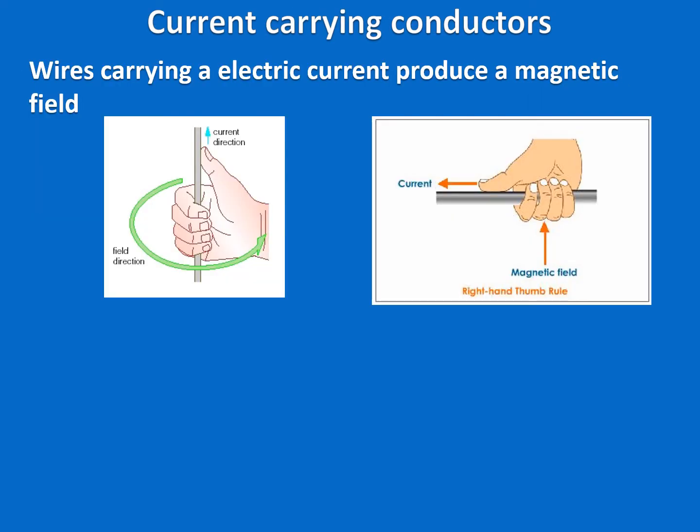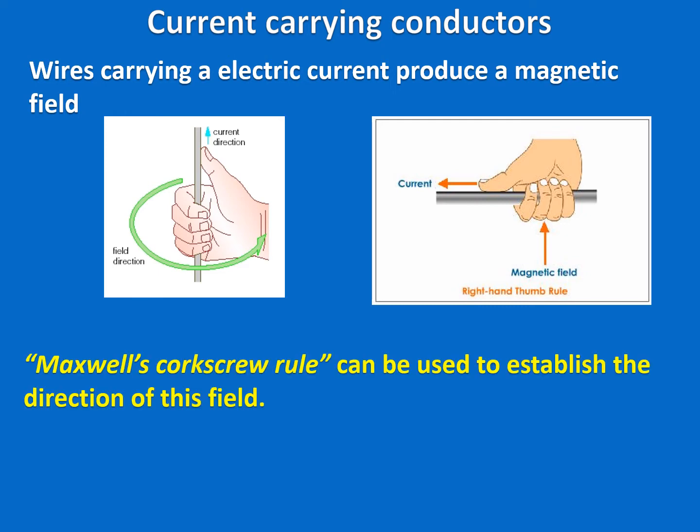Moving on from thinking about the Earth, any current carrying wire has a magnetic field around it. Because there's charges moving through that wire, a magnetic field is generated. And we can use the corkscrew rule to determine the direction of the field, or the right-hand thumb rule.